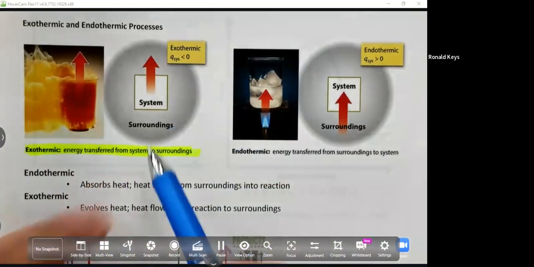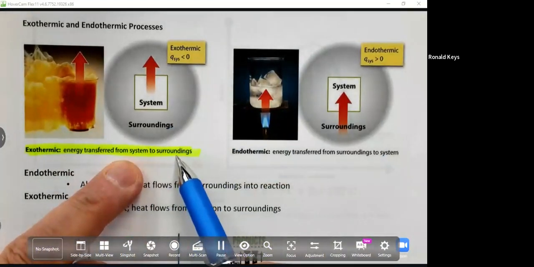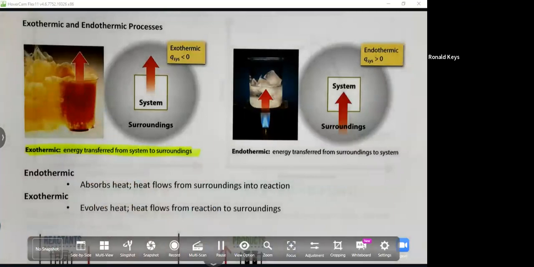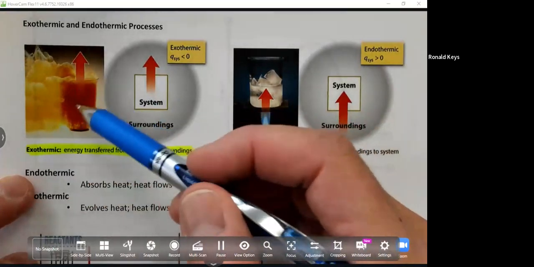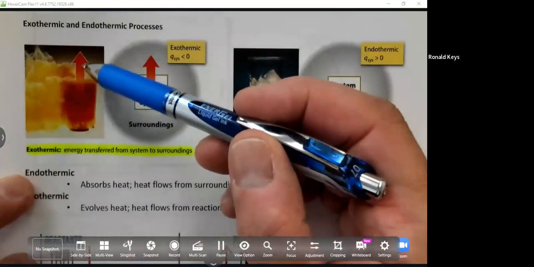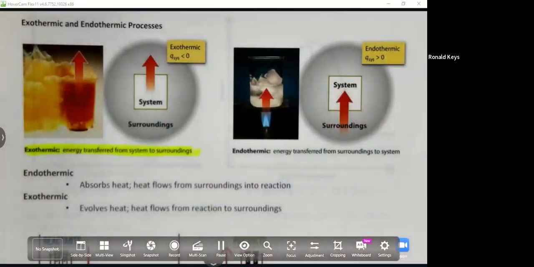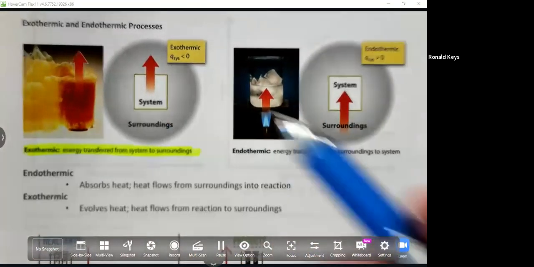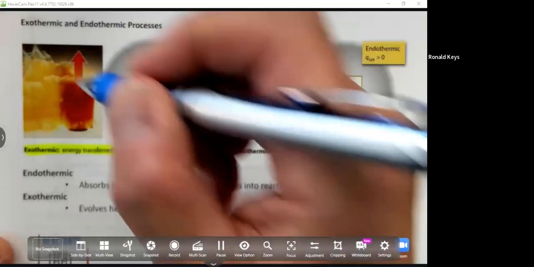Energy is transferred from the system to the surroundings. In this case, whatever's in this beaker would be adding energy to the surroundings outside the beaker, right? Energy out.